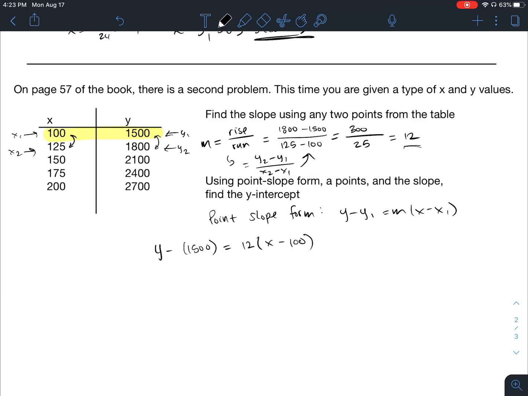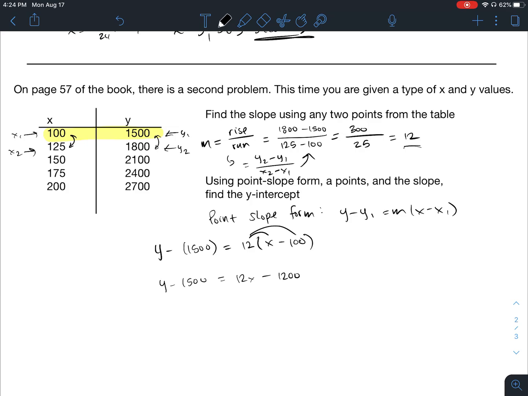Now that we have everything, we can actually change this to slope-intercept form and find our y-intercept. So first, what we need to do is distribute that 12 in there. So y minus 1500 is equal to, well, 12 times x is 12x, and then minus 12 times 100, it's going to be 1200, like that.